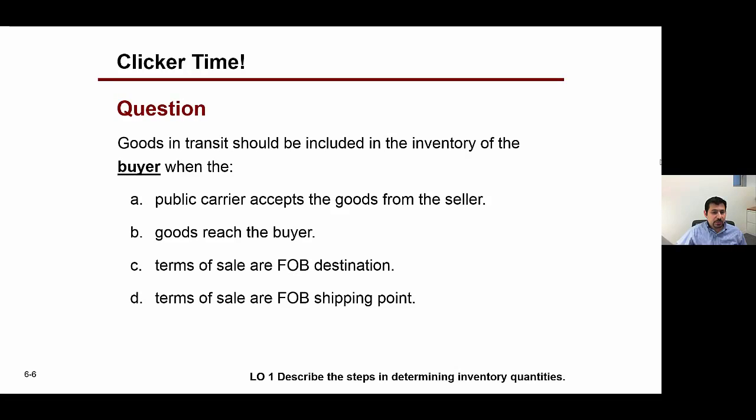And as you remember, it depends on who pays the shipping. If the buyer is to include them in their inventory, it means that the buyer paid for the shipping, which means the terms of sale were FOB shipping point, because the seller will not pay for them. If the seller paid for the shipping, they would include them in their inventory.